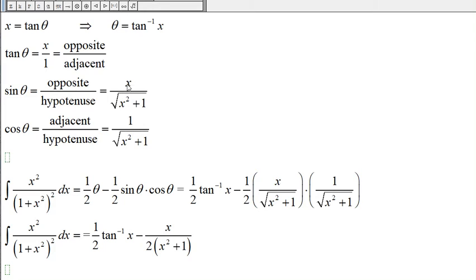Sine of theta is x over the square root of x squared plus 1. Cosine of theta is 1 over the square root of x squared plus 1. So all of this, 1 times x times 1 will be x. And the square root of x squared plus 1 times the square root of x squared plus 1 is just x squared plus 1. And then we have the 2 right here. So this is the answer.